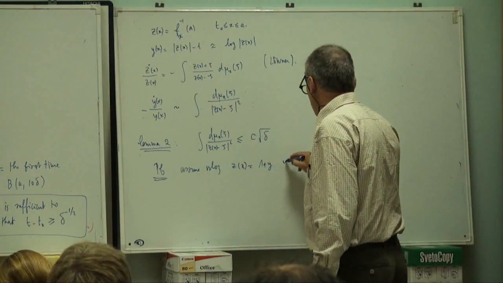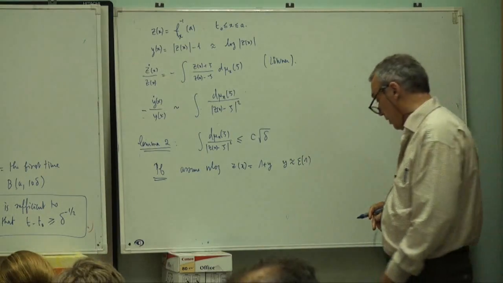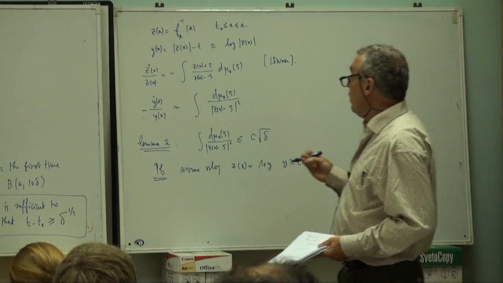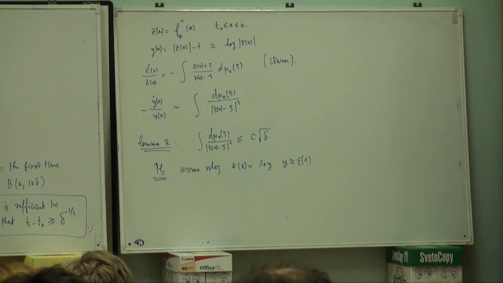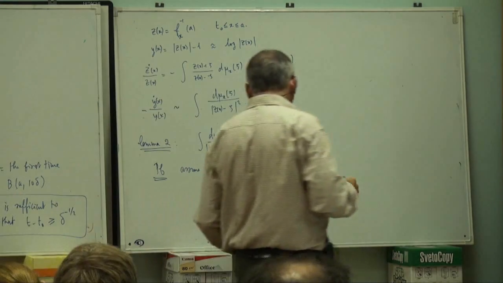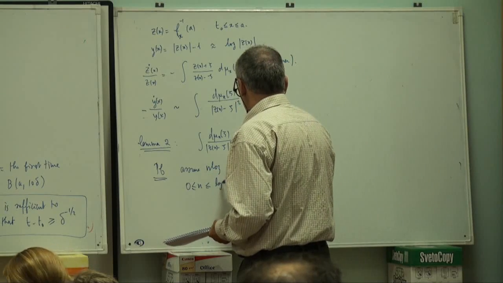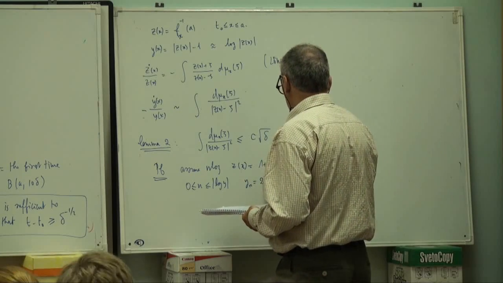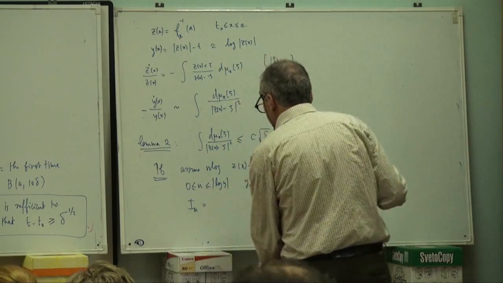And so y is comparable to epsilon of 1, the function epsilon at point 1. Now we are going to localize. What we are going to do is precisely localize the main lemma. So in order to do that, for 0 less than n less than log y, we just put y_n equals 2 to the n times y.